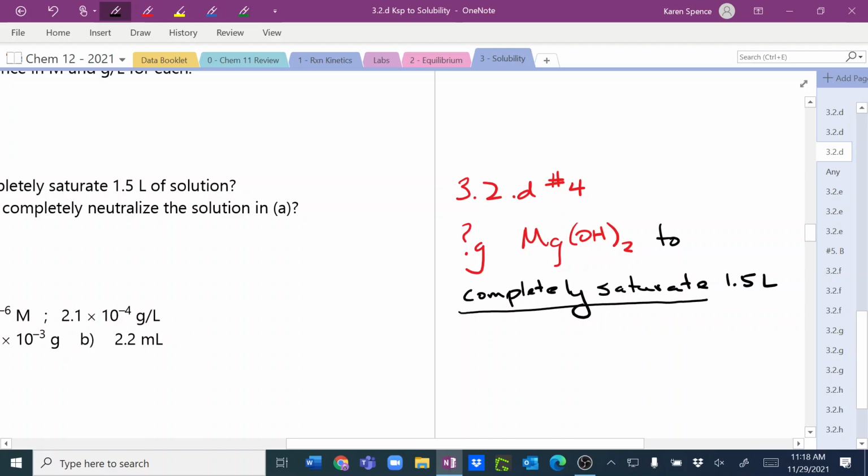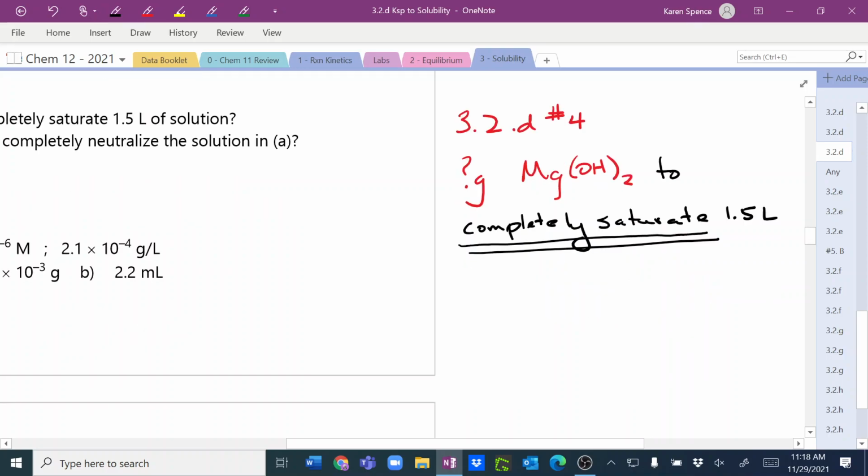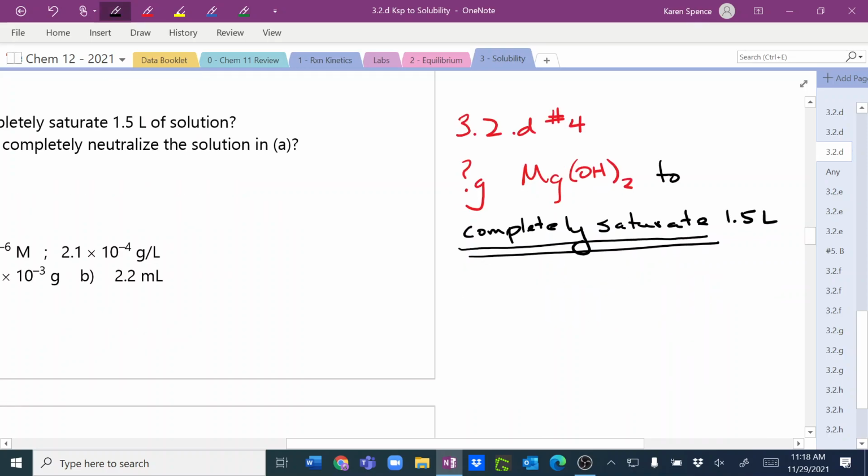If we are completely saturating that solution, the concentration of Mg(OH)2 will be saturated, and that is the same as the solubility.